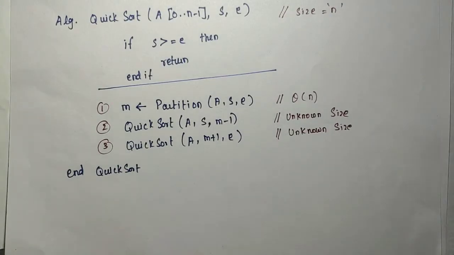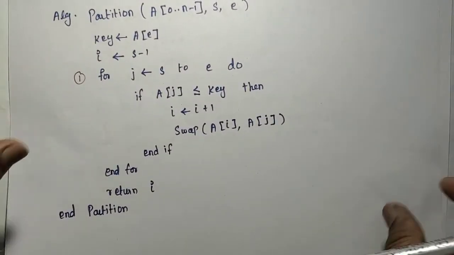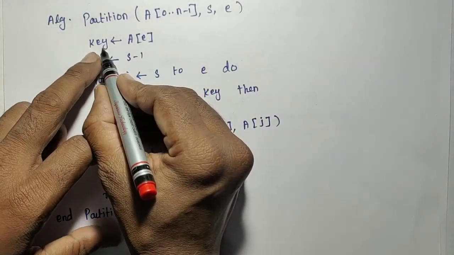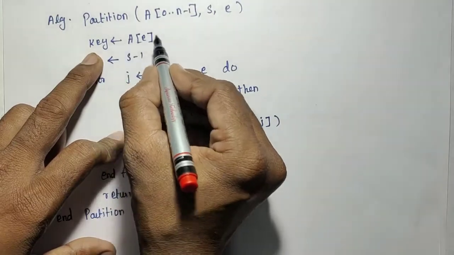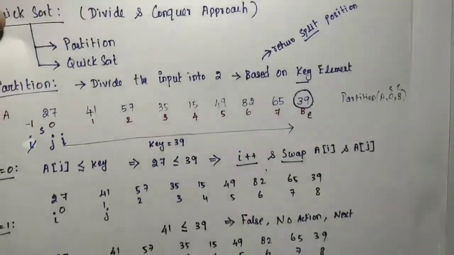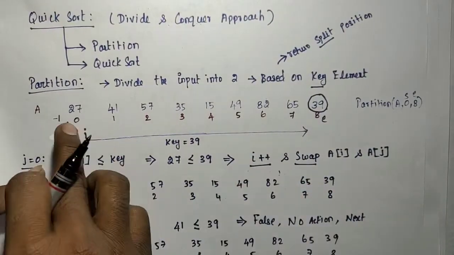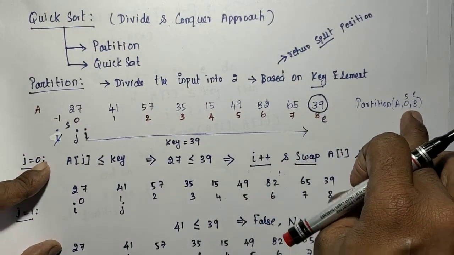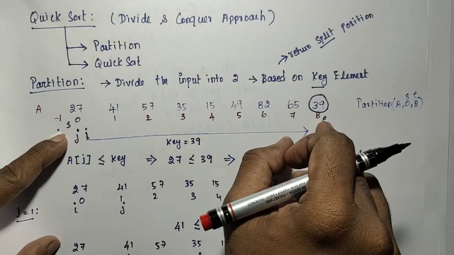Again, how the split occurs depends on choosing the key, which element is chosen as the key. For example, if you apply the partition of A, 0, 8, all n elements are involved.